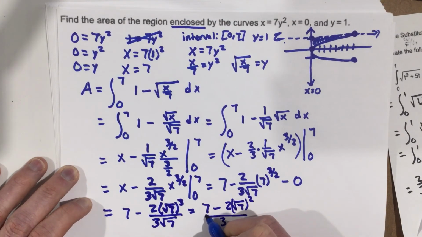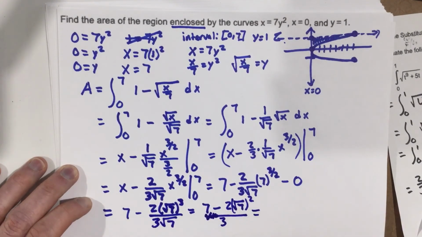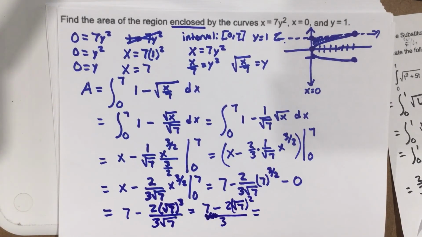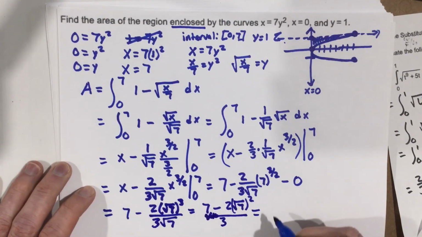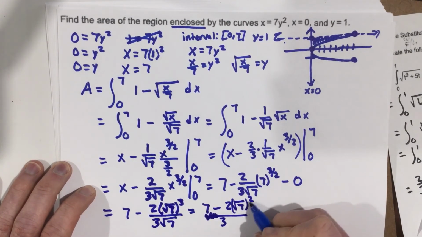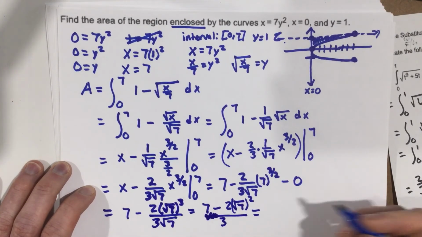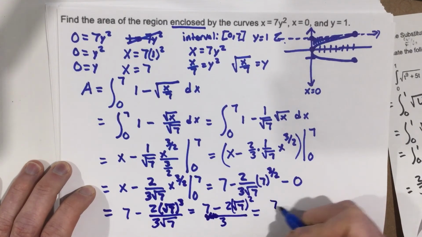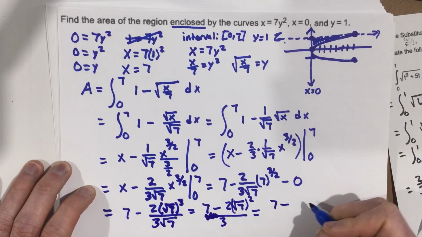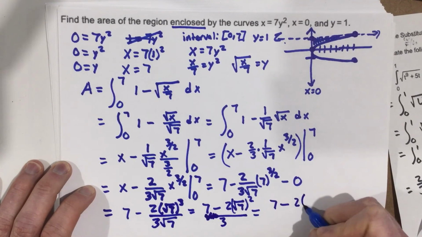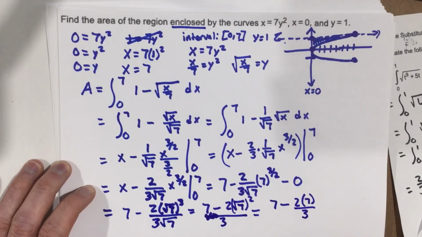Oop, not all over 3. Sorry, this should just be over 3. Screwed that up. And then if we square root 7, that's just 7. So we end up with 7 minus 2 times 7 over 3. Fix that there, you see that there.